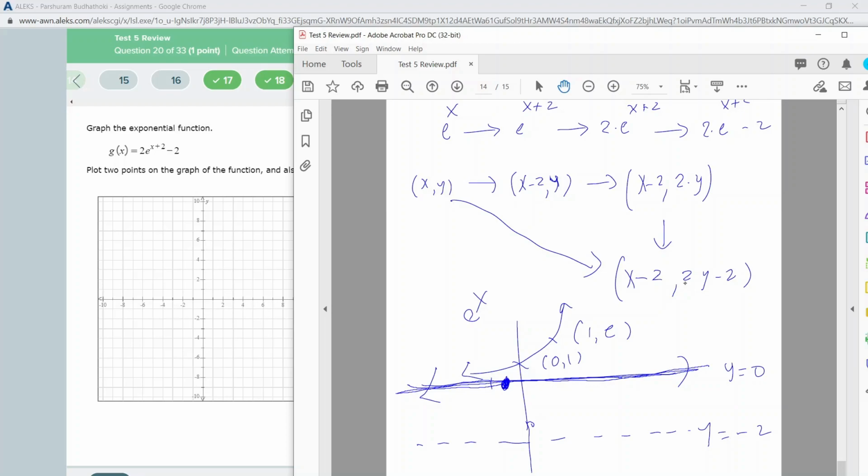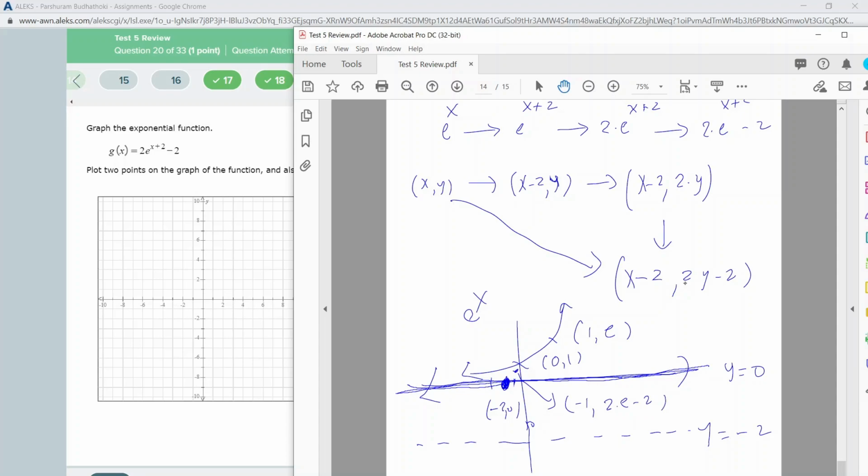And for shifting this (1, e), just put x equal to 1, which gives you 1 minus 2, which is -1. And for finding the y, 2 times e minus 2, so somewhere here. So at -1, it will be 2 times e minus 2.